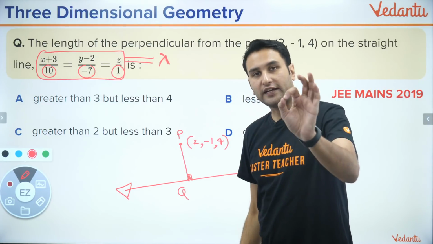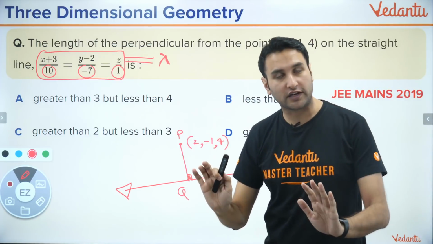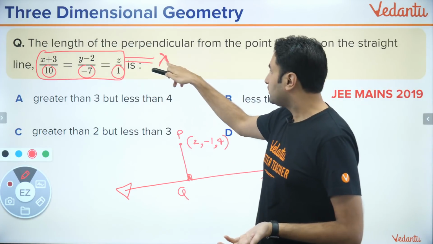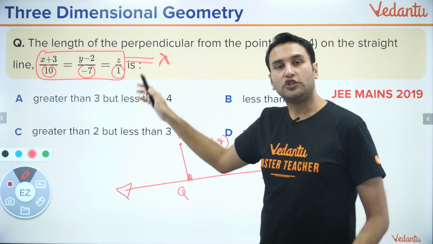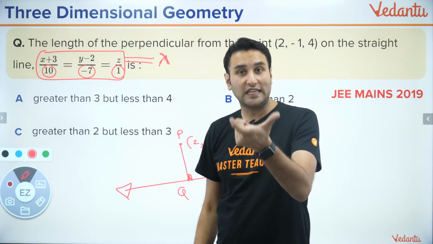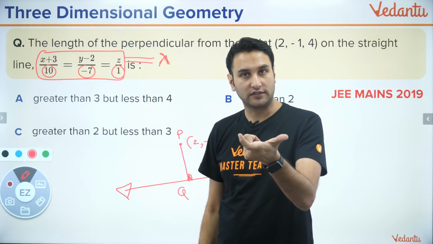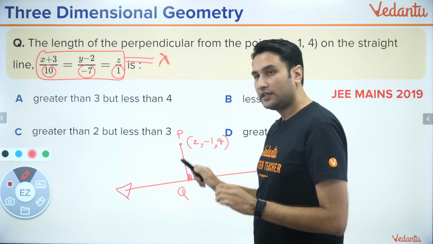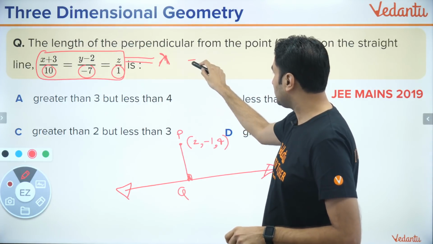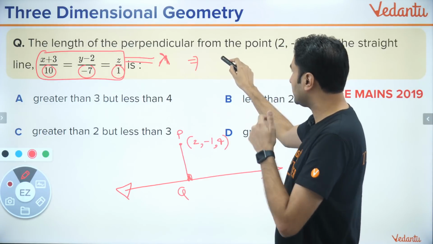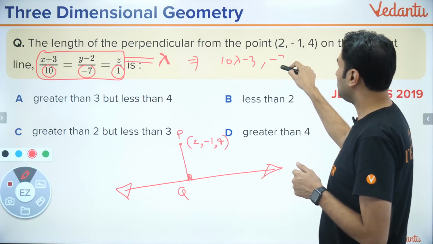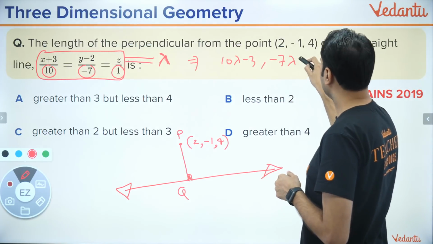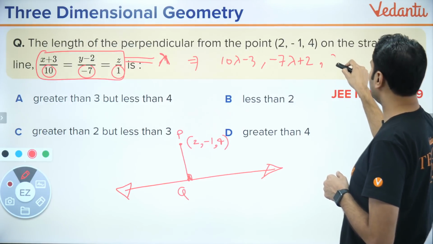Right? Can I take any point on the straight line? Yes. If you write x, y, z in terms of lambda, you get any point on the given straight line. ठीक है? So any point on the line can be written as कितना हो जाएगा? 10 lambda minus 3 comma minus 7 lambda plus 2 comma lambda.